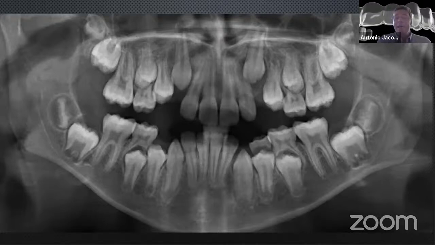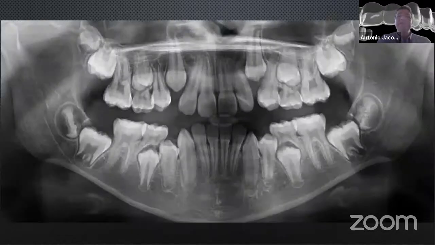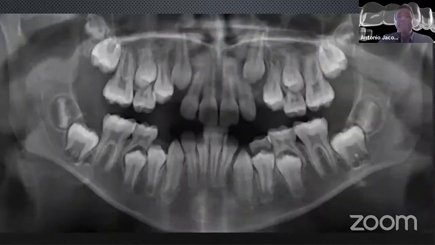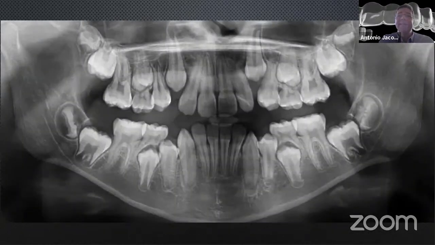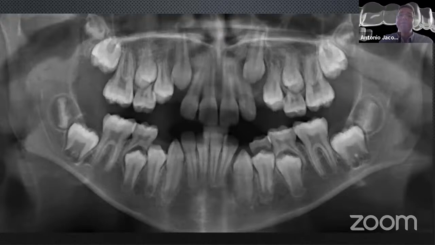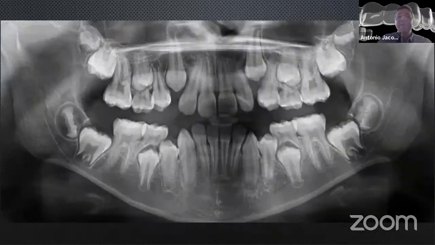And now we just waited a little bit, and then we can see that the right canine by itself is going towards distal. I will put the 2 X-rays like this, so you can see that the canine just moved towards distal. And nothing was done, other than the extraction of the deciduous canines and the deciduous first molars.